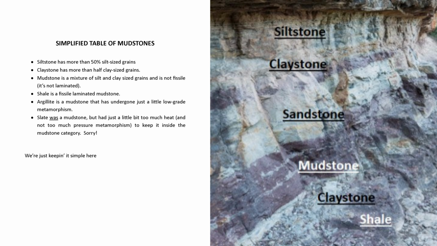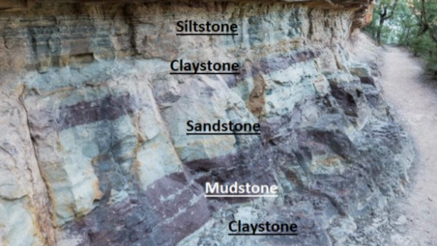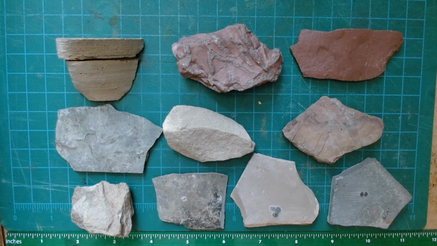Argillite is a mudstone that has undergone just a little low-grade metamorphism. Slate was a mudstone, but had just a bit too much temperature to keep it in the mudstone category. Mudstones make up something like 2/3 of all the sedimentary rocks on Earth, so their formation, their genesis, is pretty important.